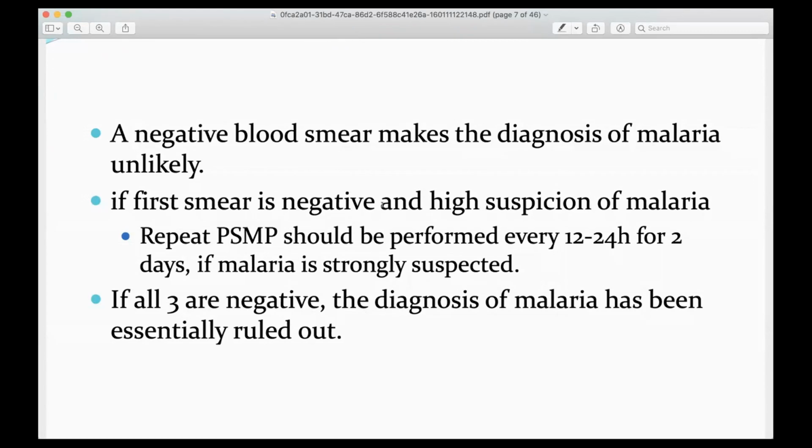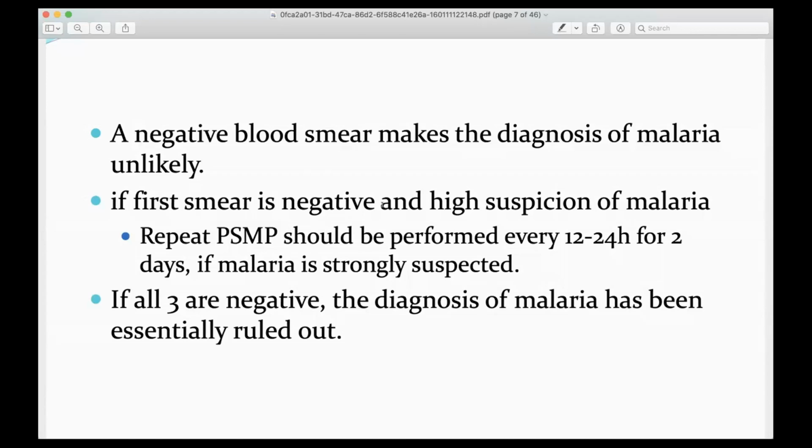I came across a reference case a few days ago, actually a court case. The patient was admitted to the hospital with a history of fever, chill, and rigor, but they did all the tests and did not find malaria. They started treatment for typhoid and subsequently the patient died.